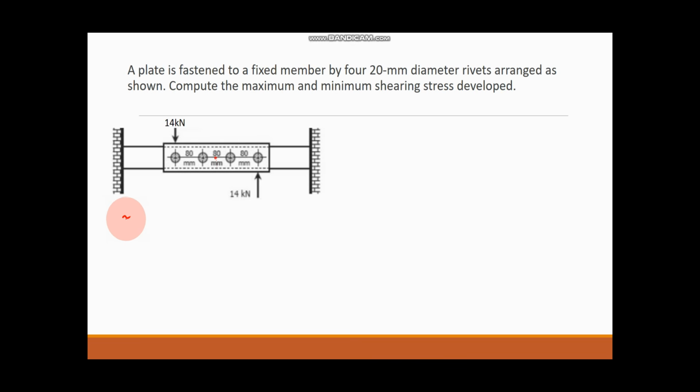In which our shear stress is equal to the torque multiplied by rho divided by the polar moment of inertia. In which our torque is equal to 14 kilonewton, 14 times 10 raised to 3 newton, multiplied by the distance, which is, so half of this is 40, and then 80, so it is equal to 120 millimeters.